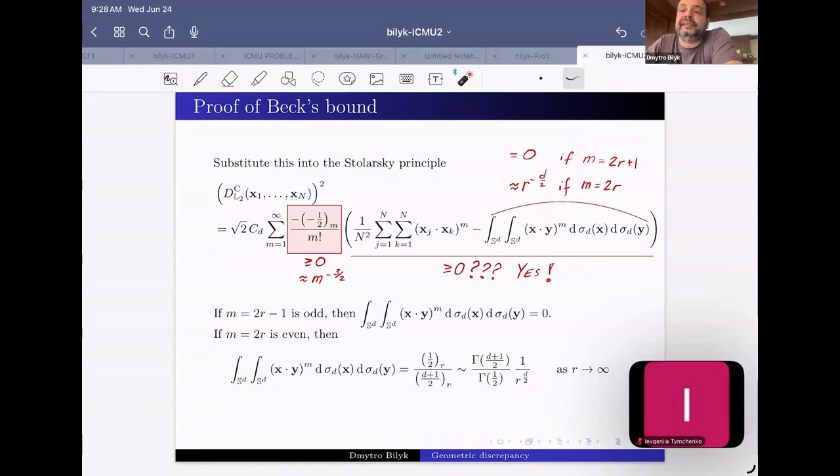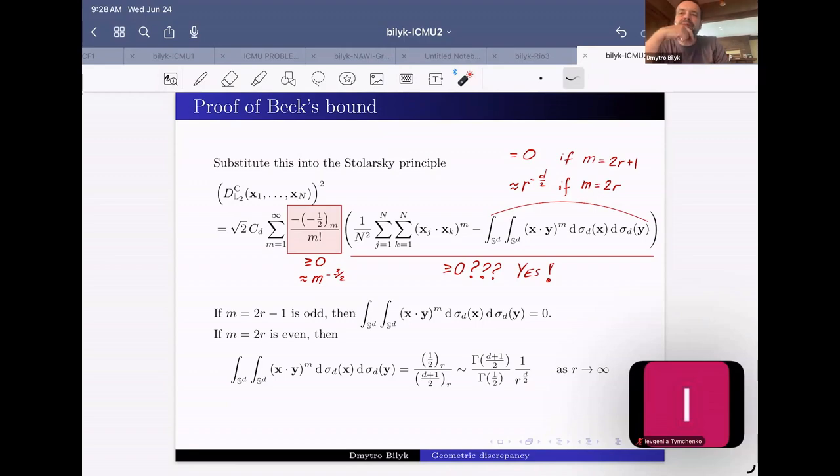If m is even, you can compute it. It's a constant. Again, I would urge you to try. I think this particular one is not in the homework, but there are similar ones in the homework. Actually, I think it's in the extra problem in the homework. So you can compute it and find out the asymptotics. If you have an even number, this is of the order that number to the power minus t over 2.